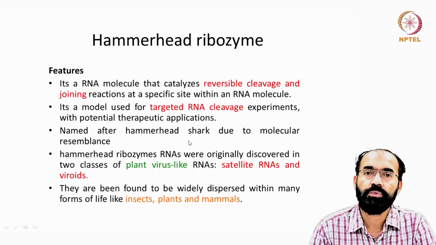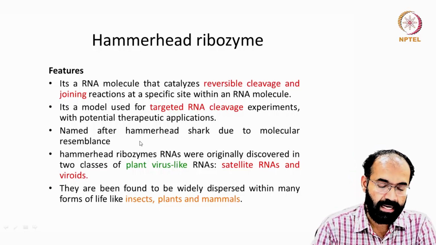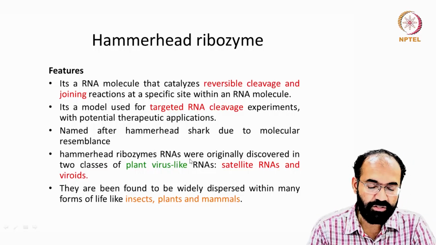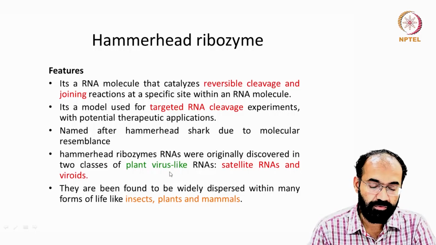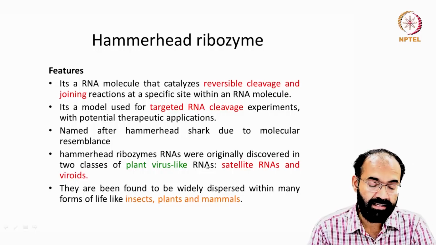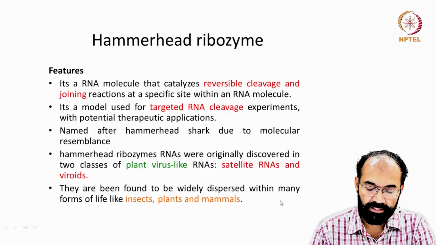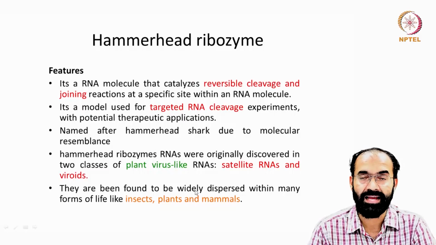And as I already told you, it is named after the shape, the resemblance to the head of a hammerhead shark, and at the molecular level it resembles it. Hammerhead ribozyme RNAs were originally discovered in two types of plant virus-like RNA, that is satellite RNA and viroids. They have also been found to be widely dispersed within many life forms such as insects, plants, and mammals.